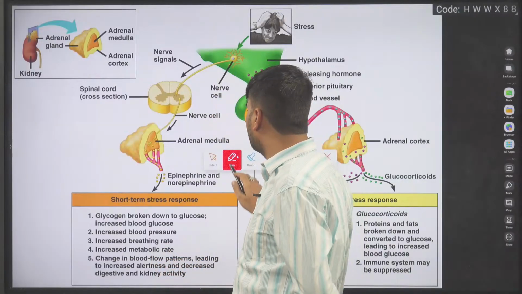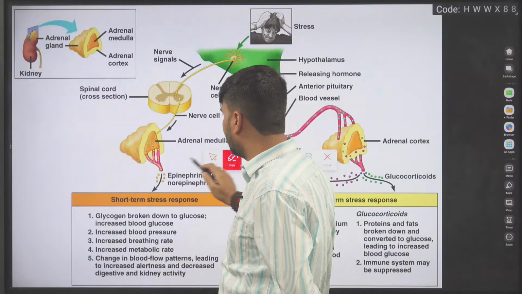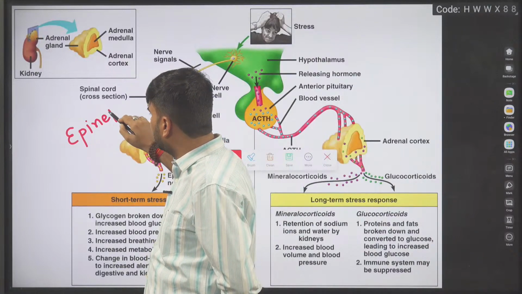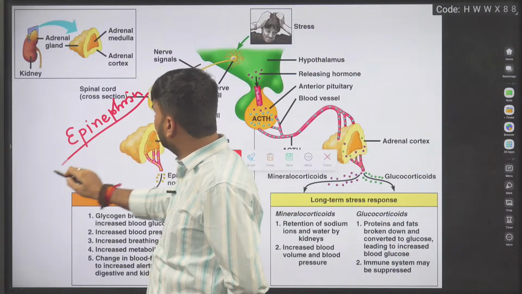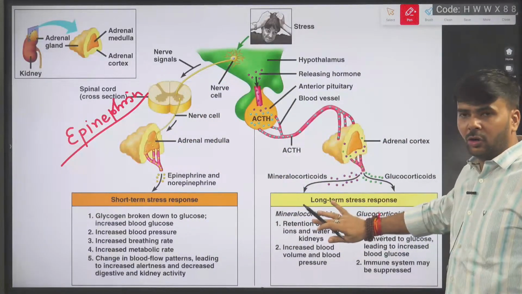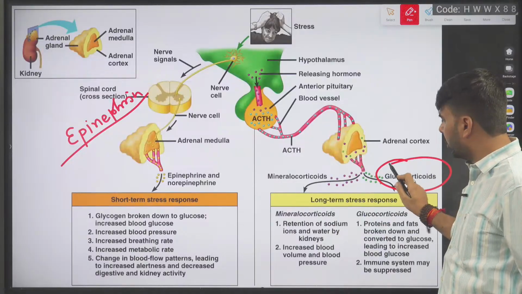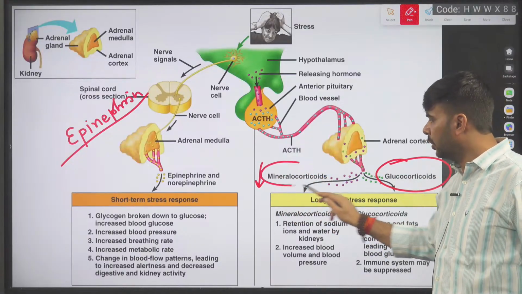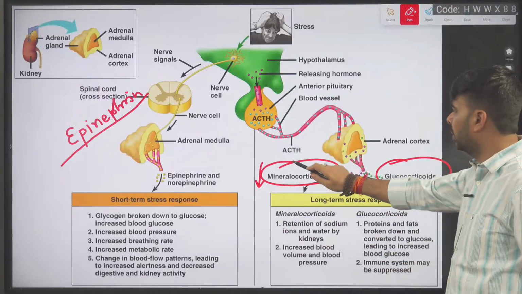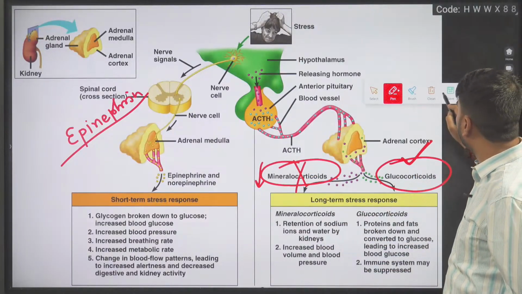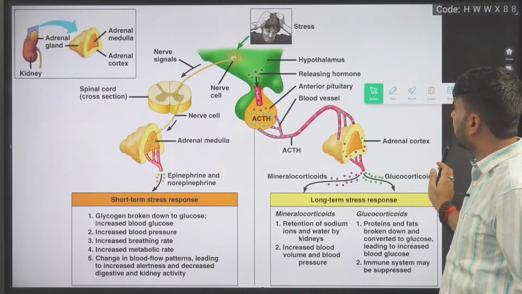Epinephrine and norepinephrine, or adrenaline and noradrenaline, both are the same. And for long-term stress, glucocorticoids, and a little amount of mineralocorticoids. You can omit that and remember only glucocorticoids. This is done.